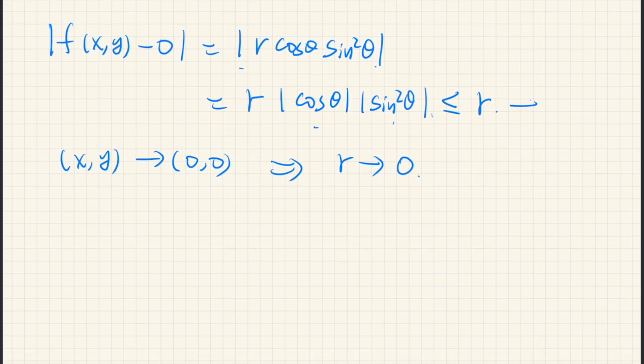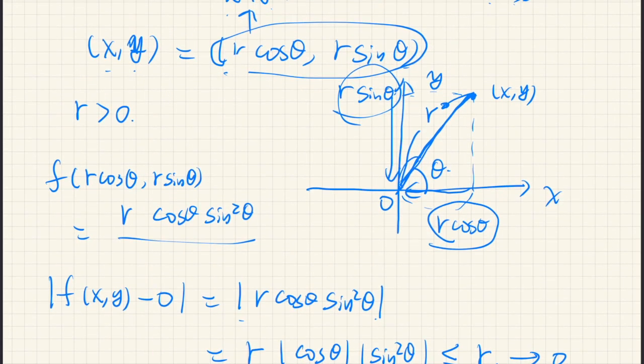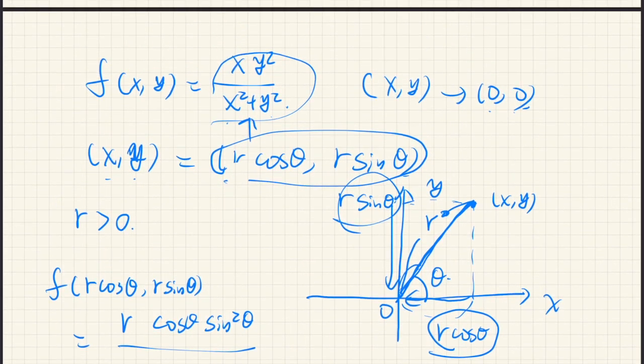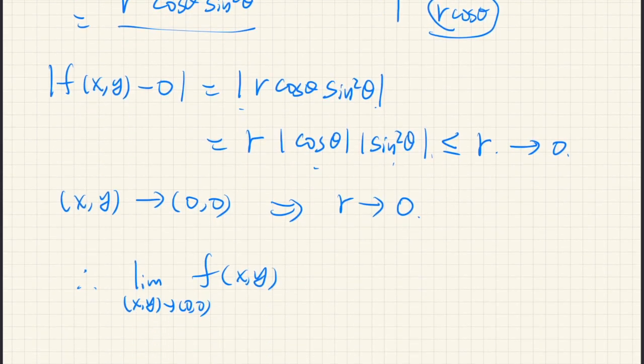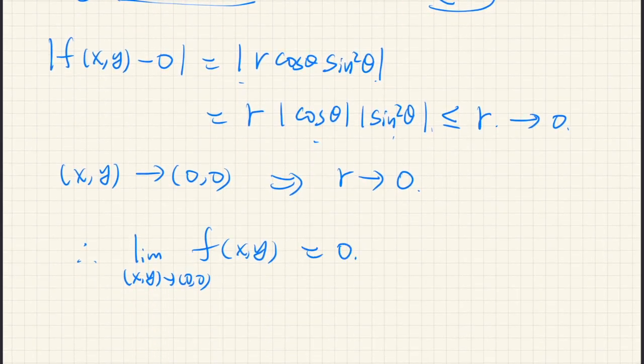So this converges to 0. Therefore, the limit when x y goes to 0, 0, of f of x y, in this case, converges to 0.